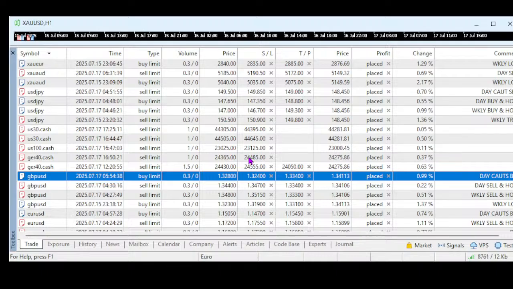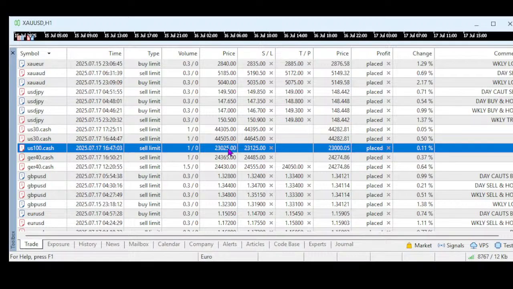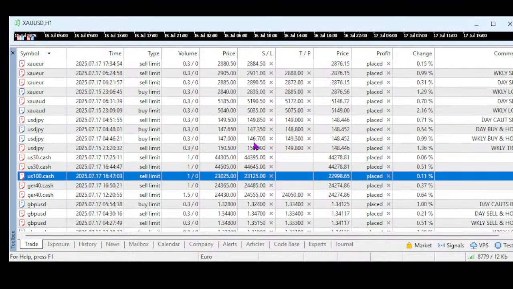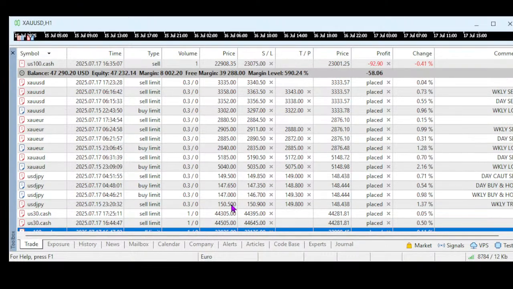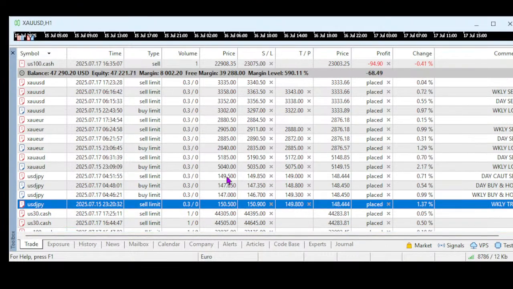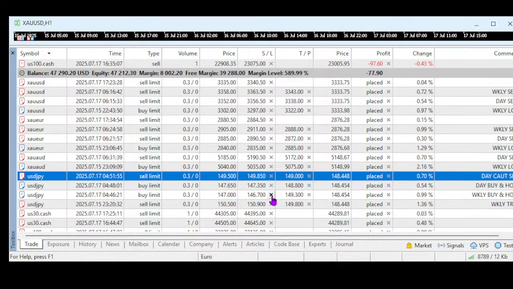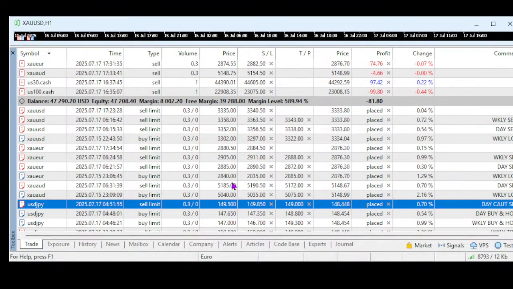Then we have Nasdaq trying to sell at 23,025. Right now it's 23,000. The Dow is the one that is giving us the profit, so let it work. Then dollar yen, we don't have any trades nearby, so let it work.